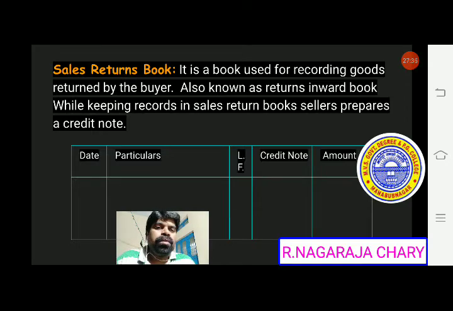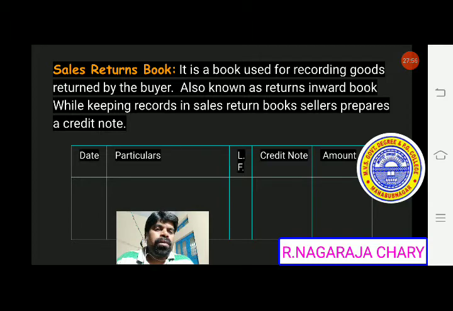Like that we may have different reasons. Due to those reasons, the goods may be returned to our firm. So, in this connection, the customers return the goods.